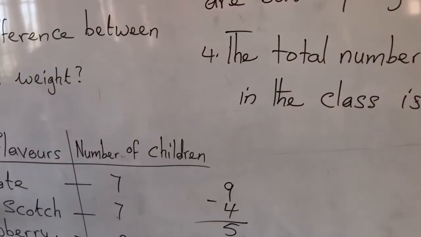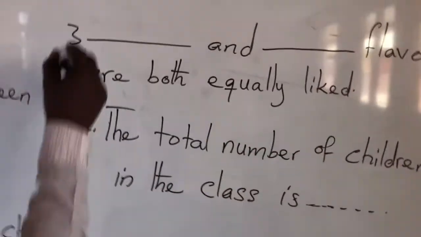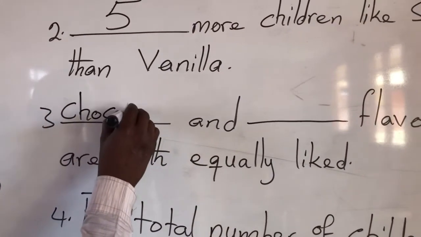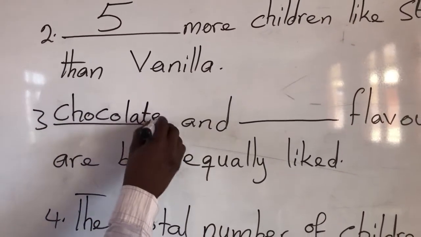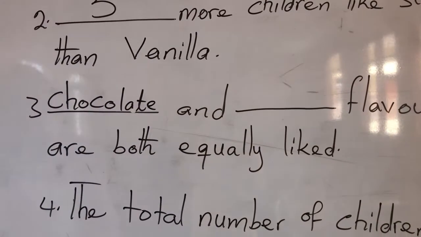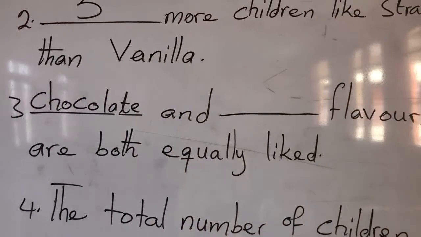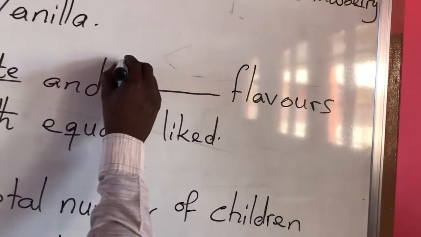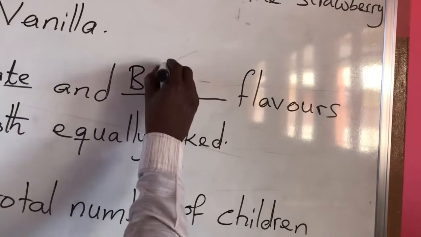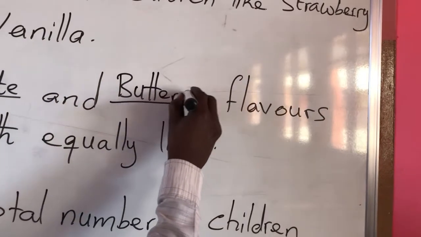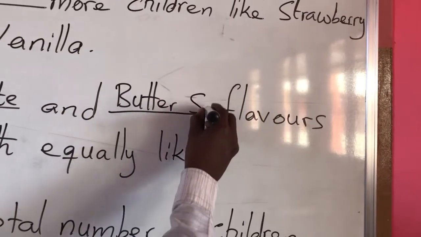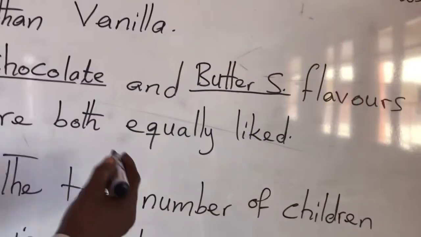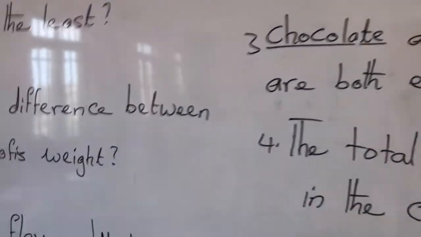So let's quickly write chocolate and butterscotch. Because of the space, let me write Butter S. Alright, chocolate and Butter S flavors are both equally liked.